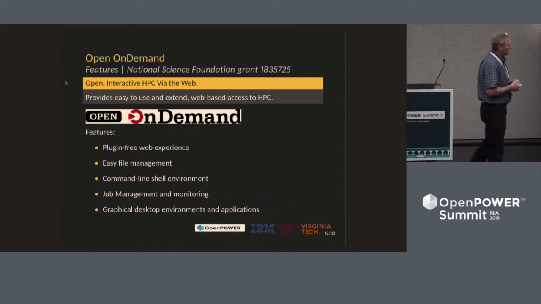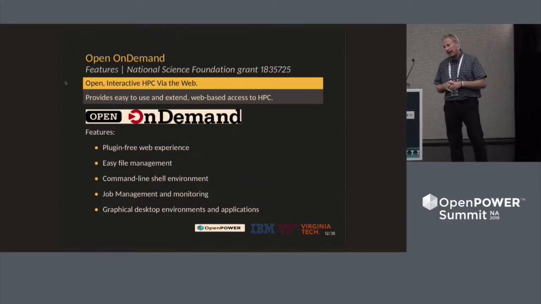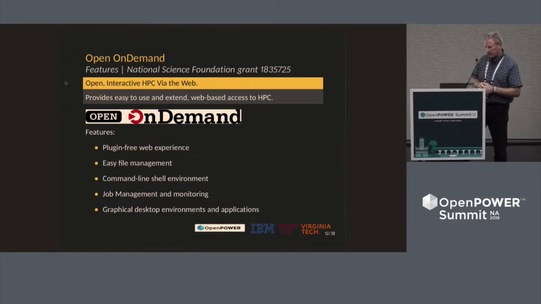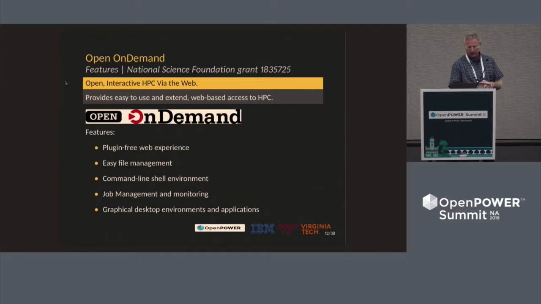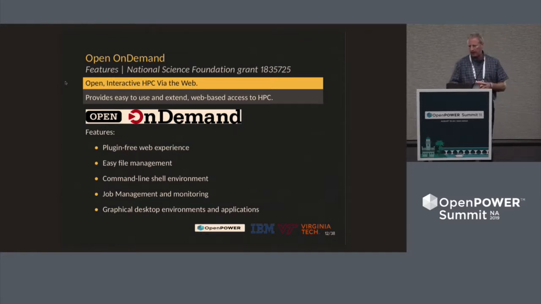We're going to provide file management apps, a way to get into the command line that's a little easier than installing PuTTY or Moab or whatever. A way to look at jobs, and then some graphical environments for people to sort of look at what they're doing.